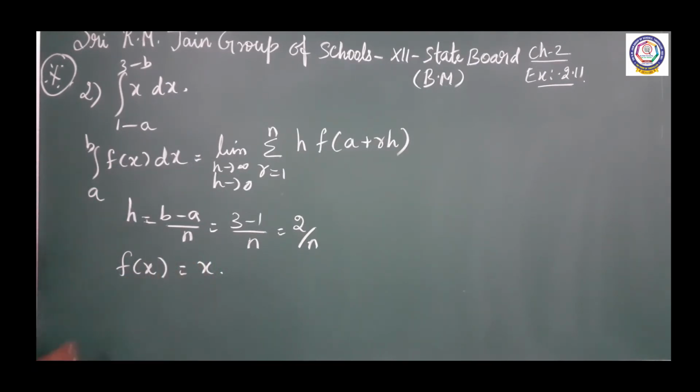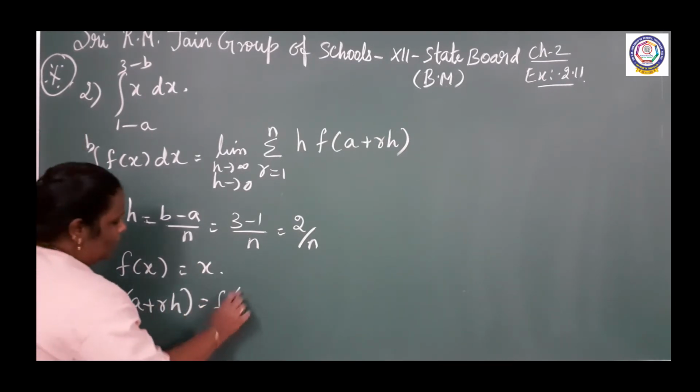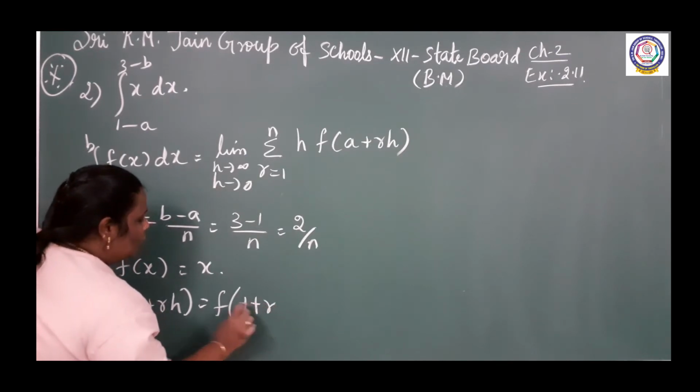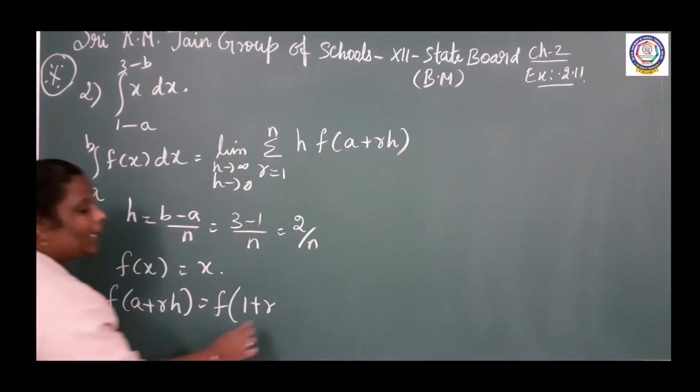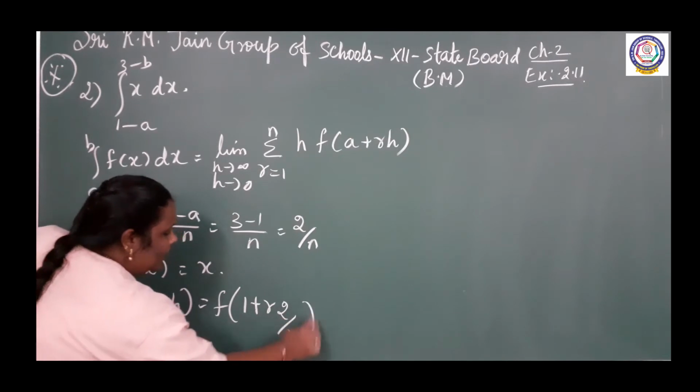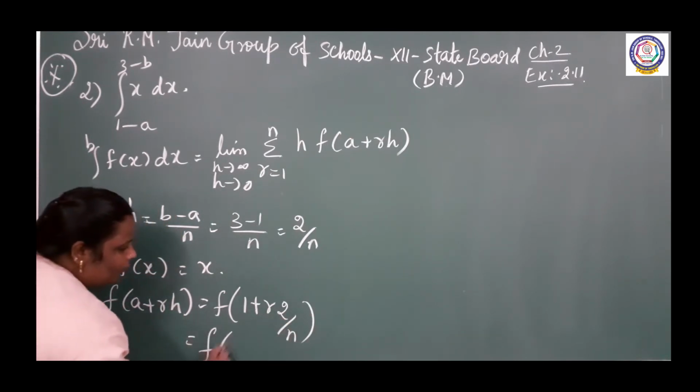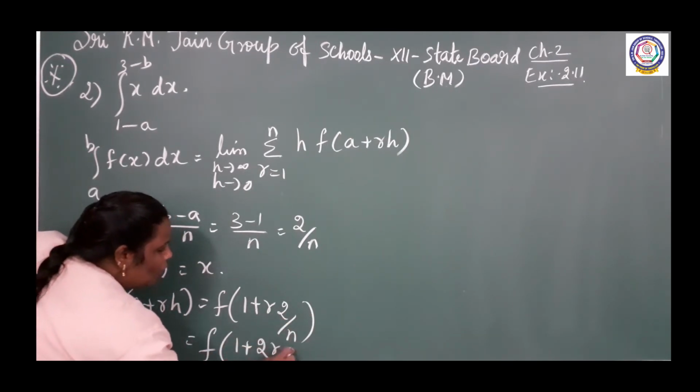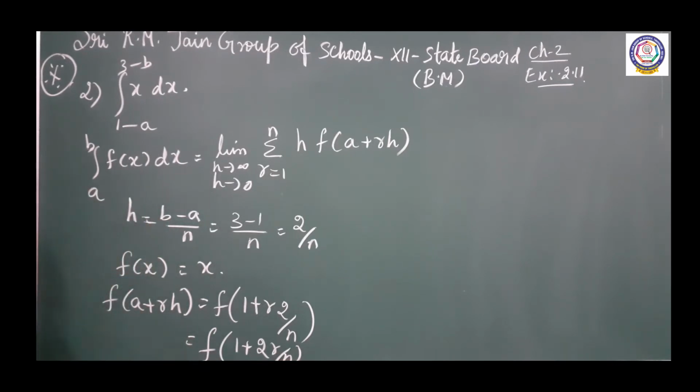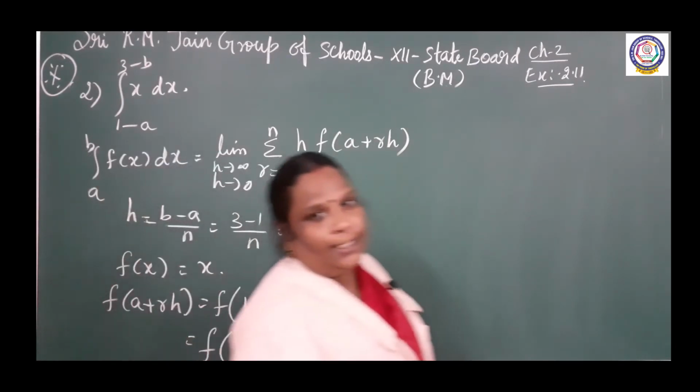See here, f of x equal to x. So what is f of (a plus rh)? f of a value is what? 1. So f of 1 plus r into, what is the value of h? 2 by n. So it gives f of (1 plus 2r by n). You substitute in the place of x. Is it clear for you?